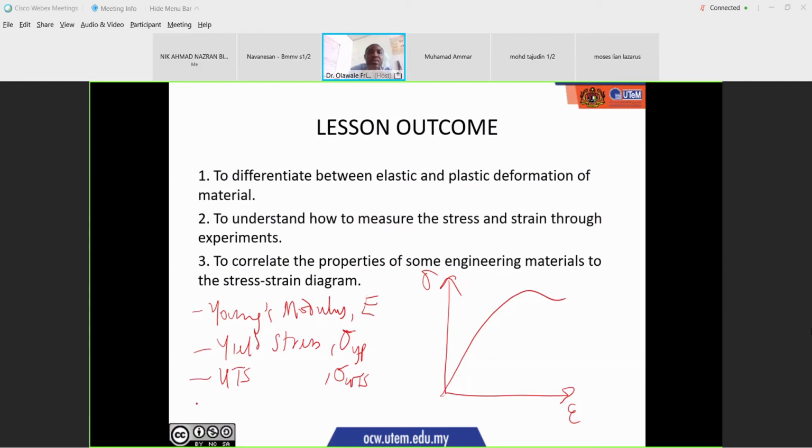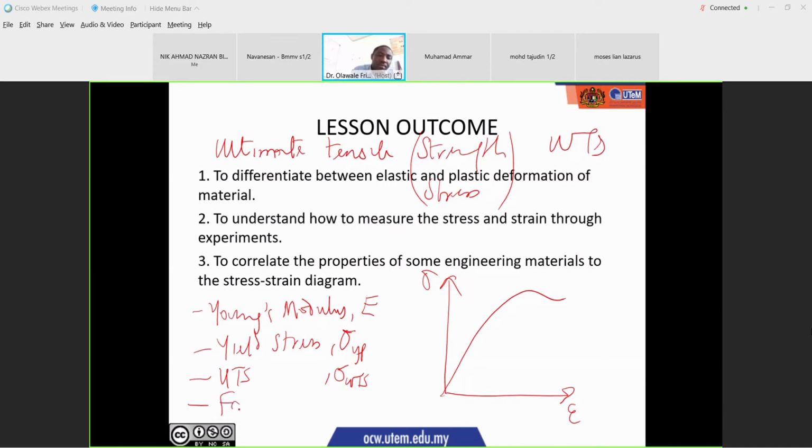You can use stress, you can use strength. Then you look at your failure stress, and that's sigma F. So on this diagram, how do I determine all the properties? All those things you should be able to do at the end of this class.